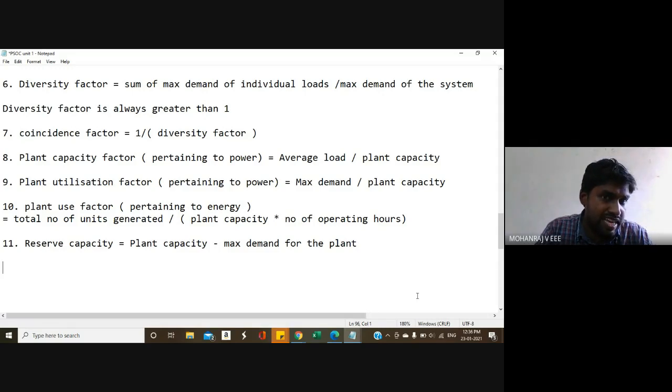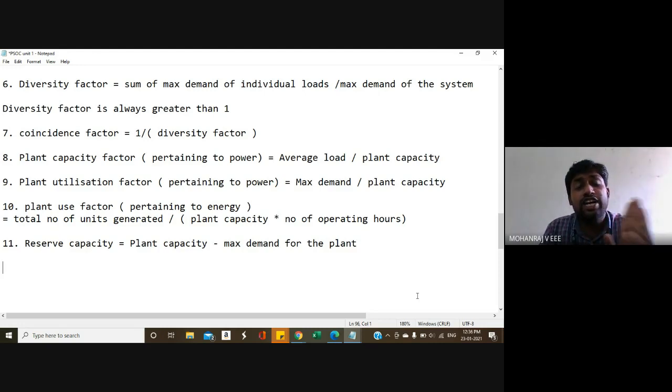In Tamil Nadu, bi-monthly at our home, we receive an electricity bill. How is it calculated? It is calculated with the help of all these terms. If you want to calculate the cost of 1 unit generated, then you should know all these terms.